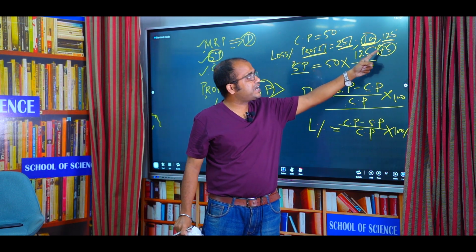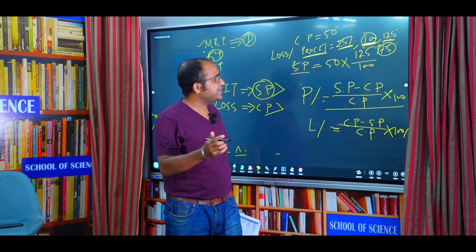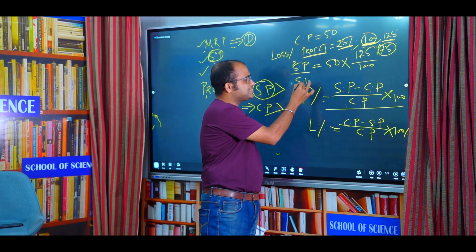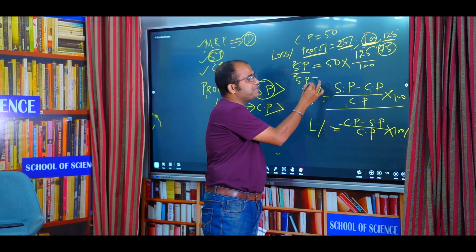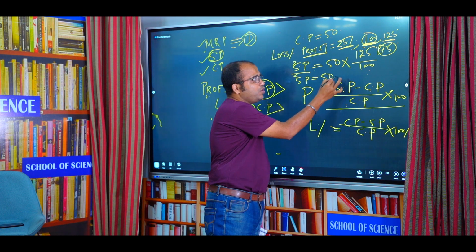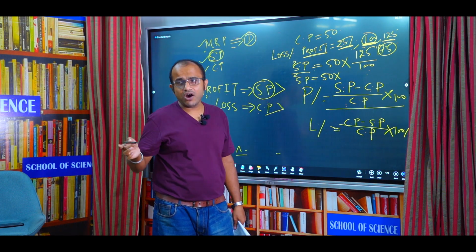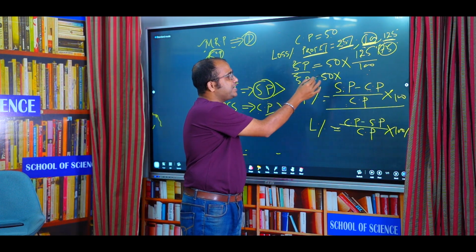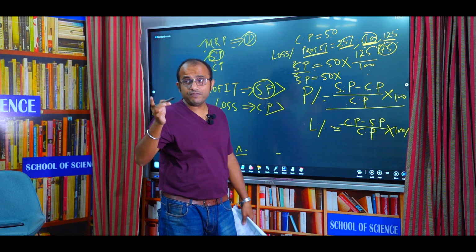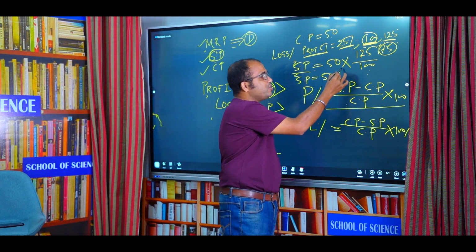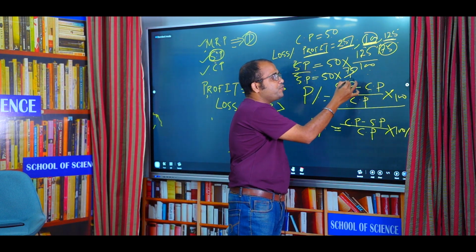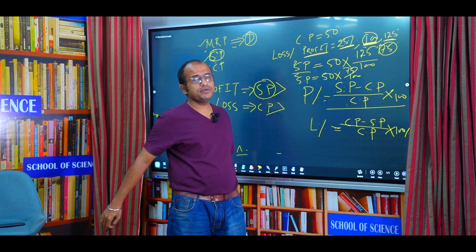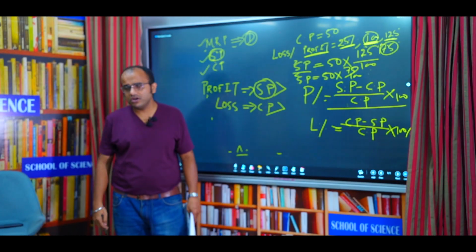So in that case the selling price should be less. Selling price is less because of the loss, so in the numerator we put 75 and in the denominator we put 100.